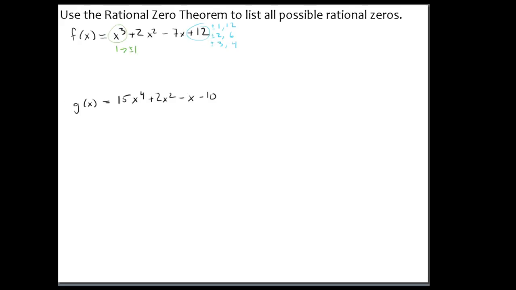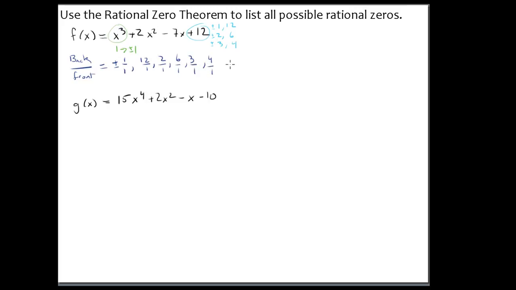Okay, and then we take the ratio of the two, call it back divided by front, and those are our possible rational zeros. So in this case, that's going to be 1 divided by plus or minus 1. So plus or minus 1 over plus or minus 1. But because we're dividing plus and minus by plus and minus, we can just go ahead and say it's plus or minus 1 over 1, 12 over 1, 2 over 1, 6 over 1, 3 over 1, 4 over 1.